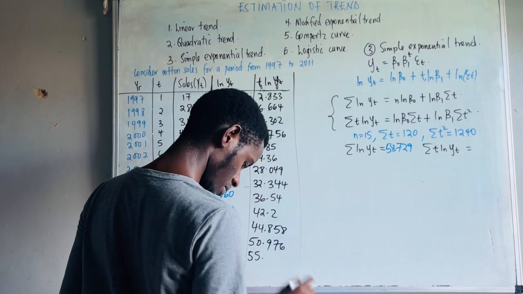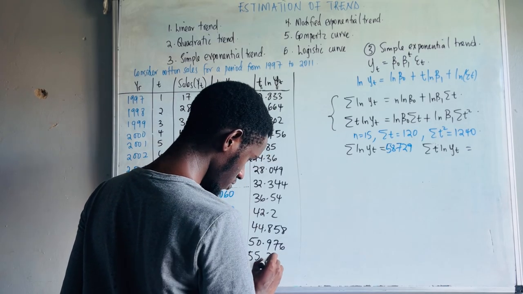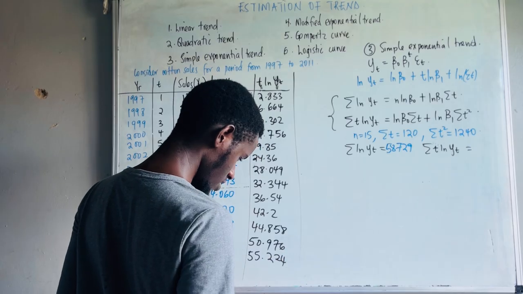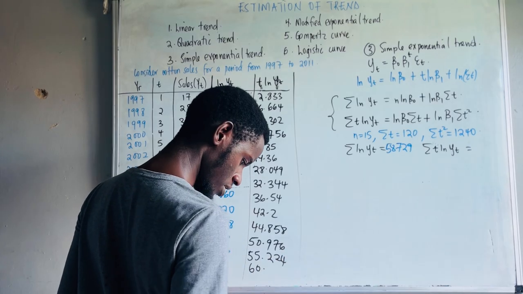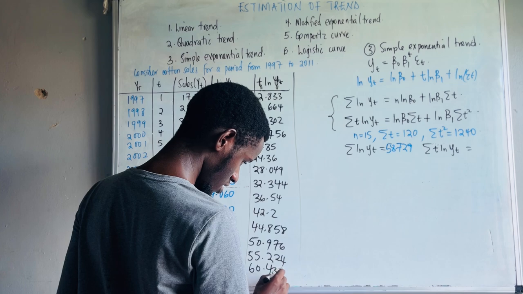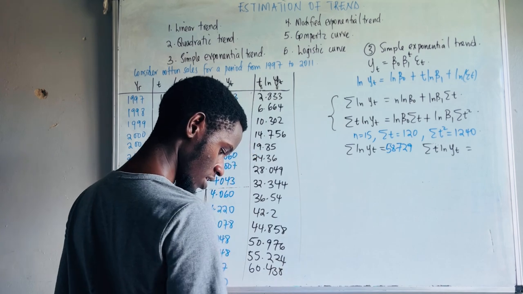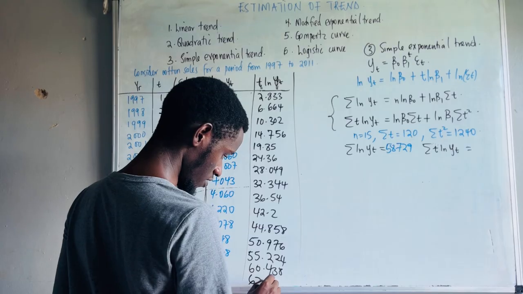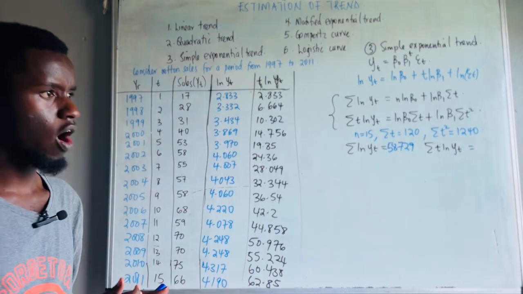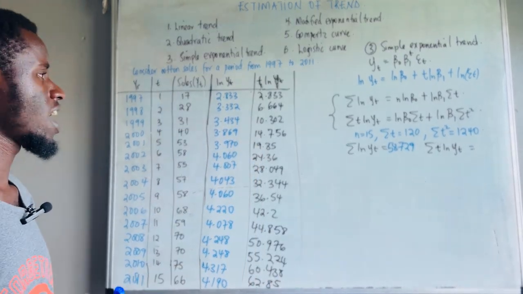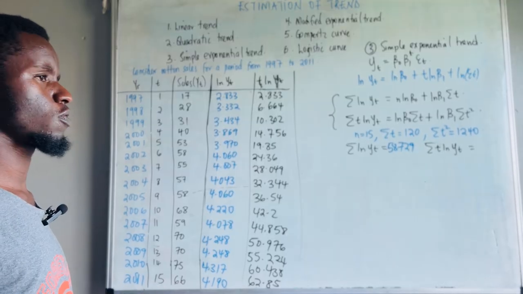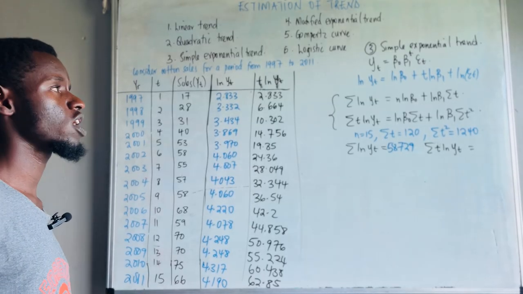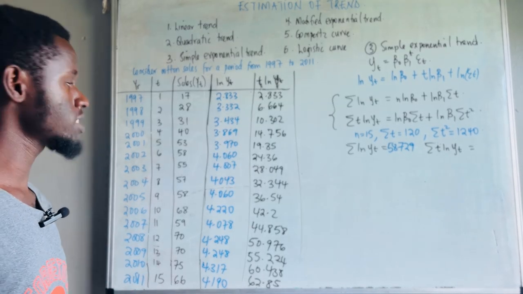I have 6, 55 point, point 8, and then last 62.5.